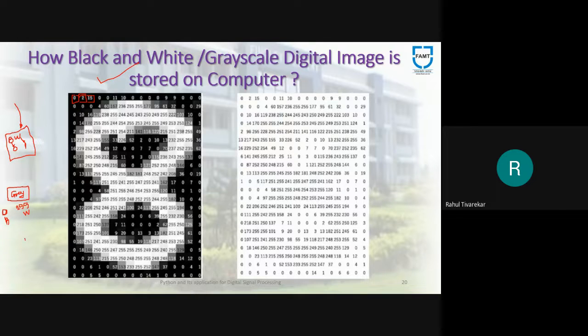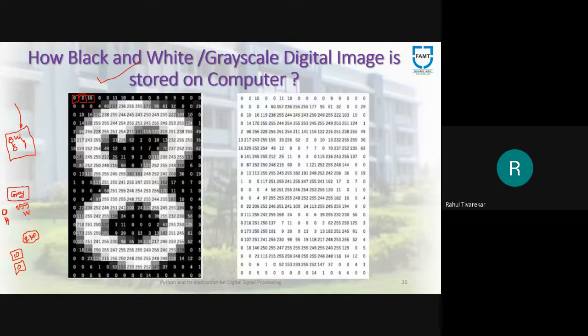If the number is, say, 230, it is very close to white, meaning a bright color which is not pure white. If I say the pixel intensity is 10, that means this pixel has a darker shade which is close to black but not pure black, because it is 10. If I give pixel value 0, that represents a pixel with pure black color.